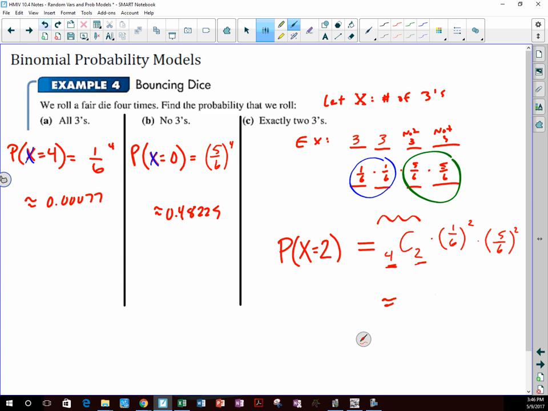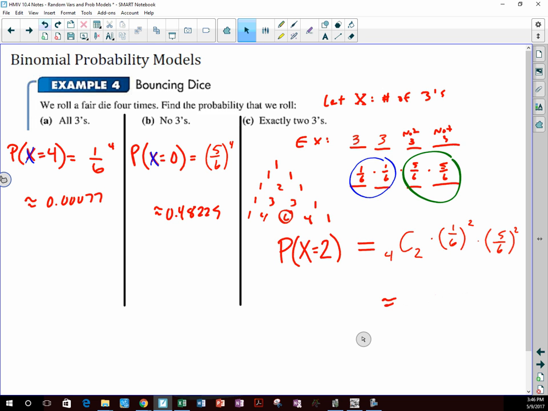So that 4 choose 2 covers that part of the probability. If you remember from your Pascal's triangle, for the 4th row, 4 choose 0 is 1, 4 choose 1 is 4, and 4 choose 2 is that 6 right there. So 4 choose 2 is 6.